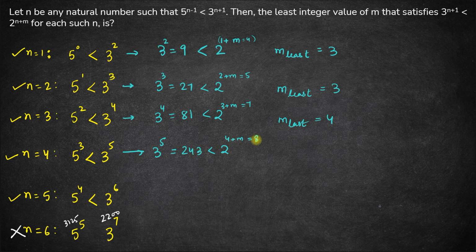So we take 2 power 8, which is 256, greater than 243. So 4 plus m should be 8. So the least value that m can take is 4. m can take higher values as well, but this is the least possible value.